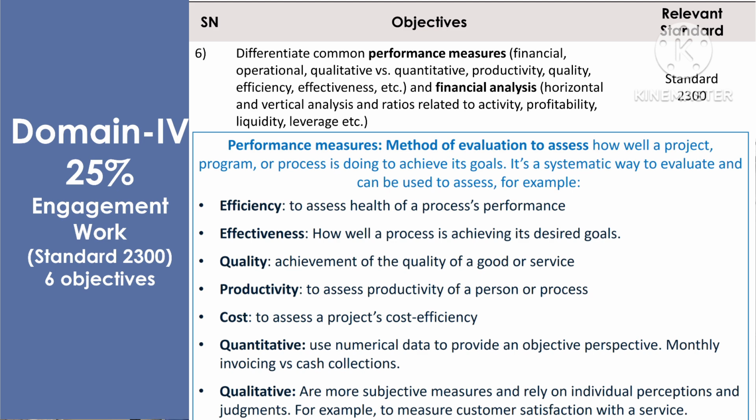then productivity, to assess productivity of a person or process, and cost, to assess a project's cost efficiency. Quantitative measures use numerical data to provide an objective perspective, for example, monthly invoicing versus cash collections. Qualitative measures are more subjective and rely on individual perceptions and judgments, for example, to measure customer satisfaction with the service.